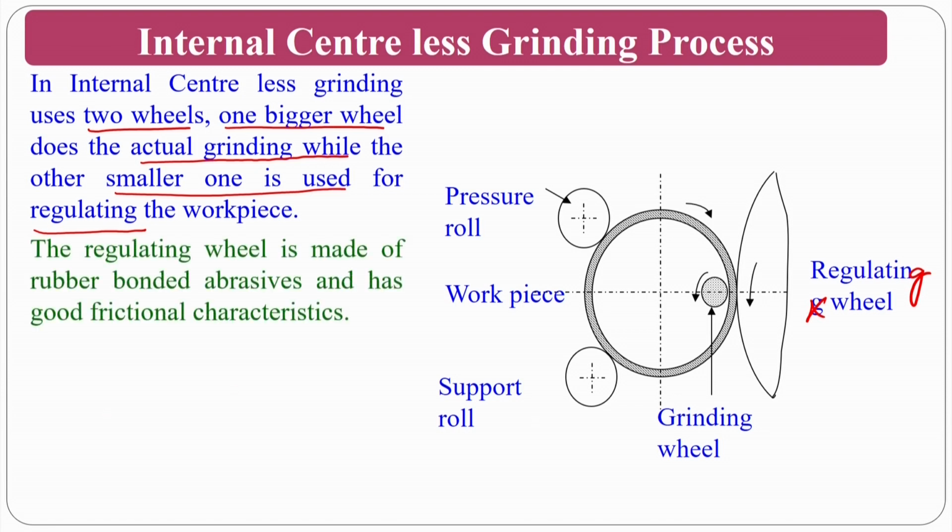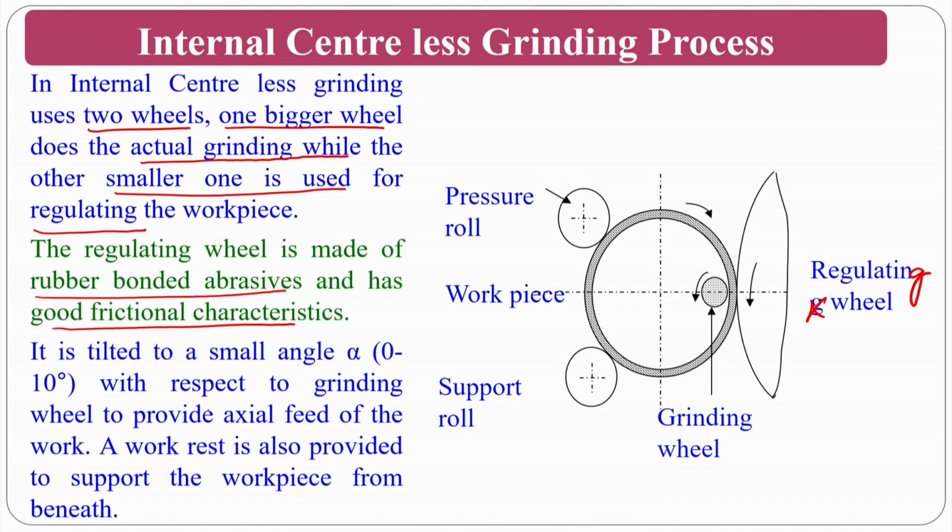The regulating wheel is made up of rubber bond abrasives and has good frictional characteristics so that the workpiece will be held intact. Normally, here the angles are not given. Anyhow, this is the simple centerless grinding process where you can do internal grinding if there is an irregular surface also. Normally tilted angles also are there, some of the things in the mechanics which you may not require for the basic introduction.